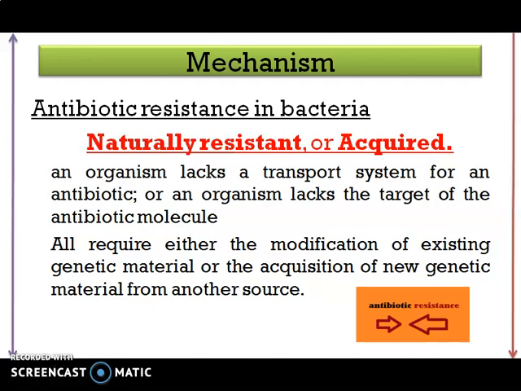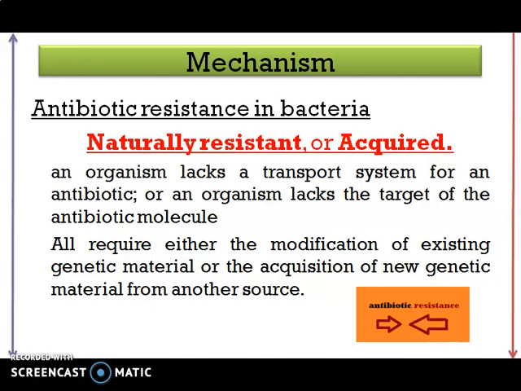So these are some methods which carry that R gene from bacteria to bacteria with the help of a vector or from the outer environment. So it will achieve its R gene transfer mechanism and get that resistance from one bacteria to another.